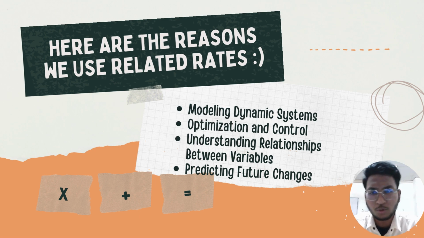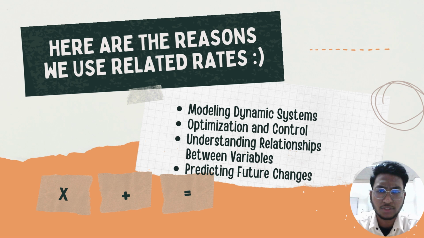So now you know why we use related rates, right? But you're still not convinced, isn't it? Right? Well, I'm going to give you some reasons why we use related rates.